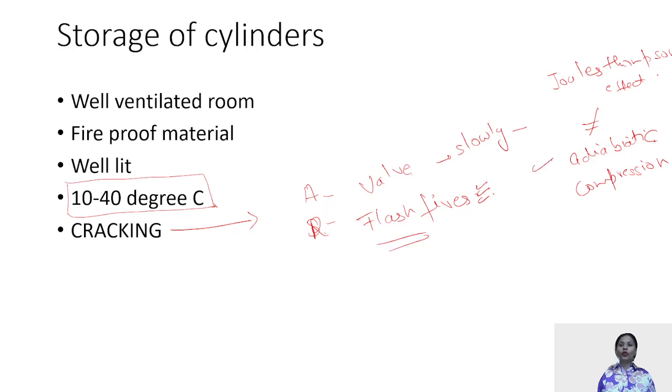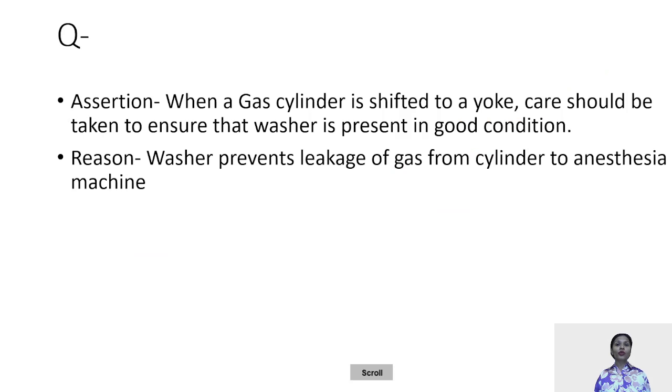In order to avoid this, because of the Joule-Thomson effect, we have to open the cylinder slowly, and this concept is known as cracking. This is a star-type question: flash fires in cylinders can be prevented by using the concept of cracking.